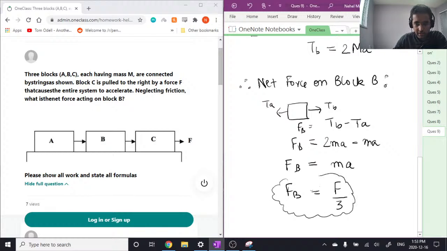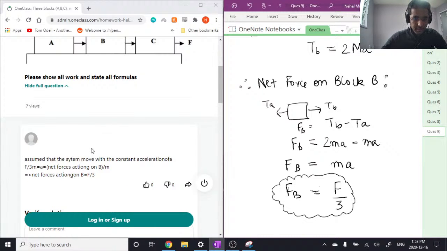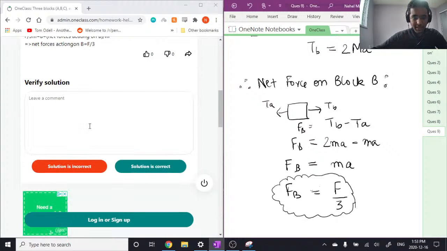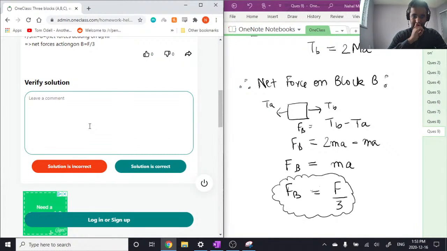Okay, so that's the final answer. Assuming that the net system moves with a constant acceleration, it is equal to the net force acting on B. So the answer is correct now, but I feel that the explanation could have been better. So I'm just going to mark this as incorrect.